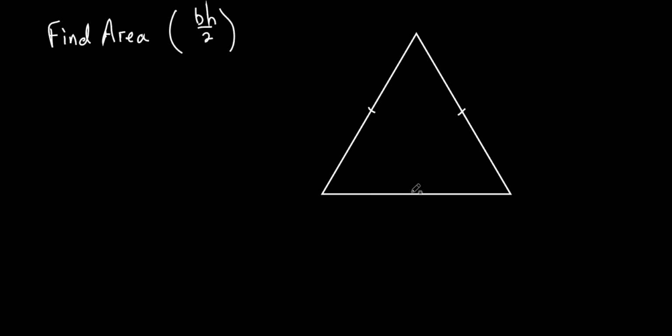It means all three what? All three sides are equal. All right, and they tell you a couple things. Watch, they draw a perpendicular from here down to here. If it's perpendicular, what kind of angle do we have here? That's right. Now, you have to think a little bit. What do they tell you?